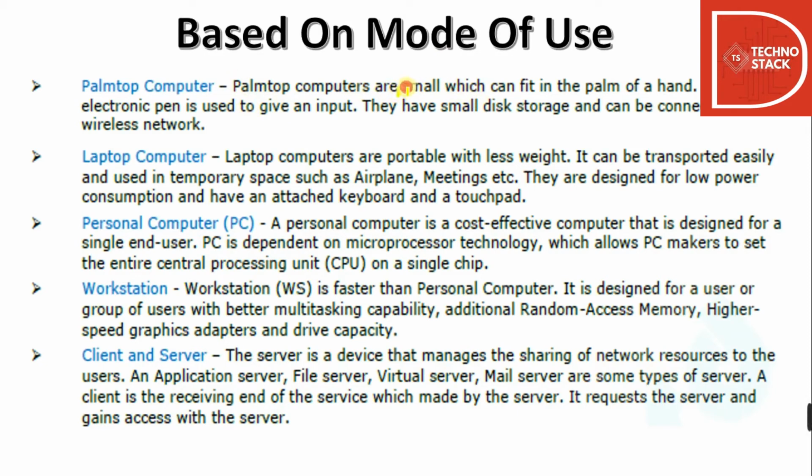Palm tops are small, which fit in the palm of hand. The electronic pen is used to give an input. You can use electronic pen, or now you can use fingers also. They have small disk storage and can be connected to a wireless network. So you can connect it to internet or a network of computers.